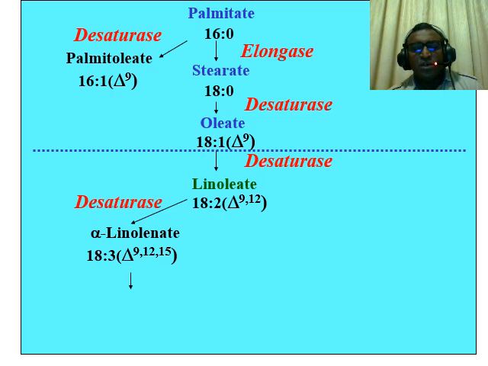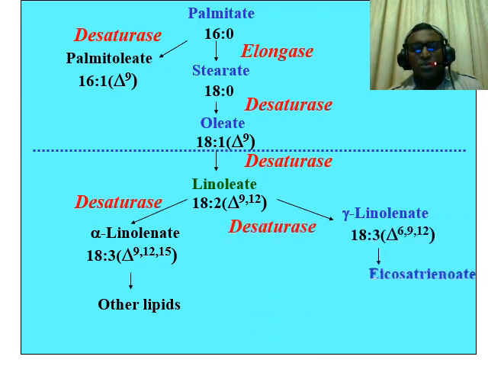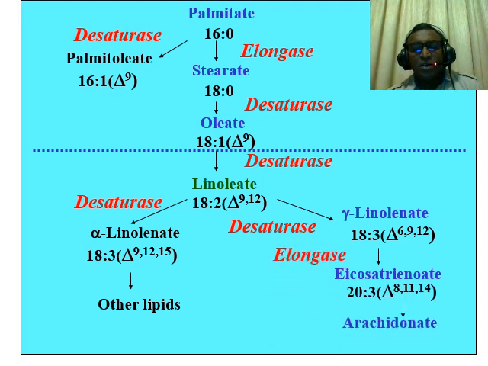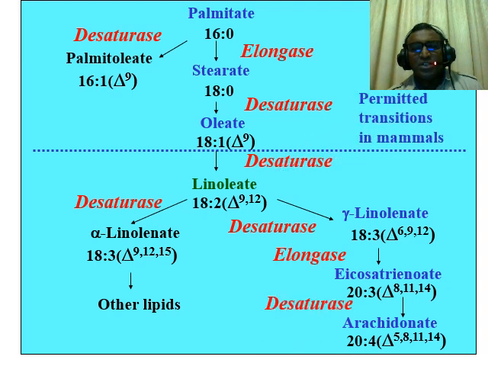All these fatty acids can, however, be formed by plant cells. So mammals need to rely on plant diet such as vegetables to obtain essential fatty acids.